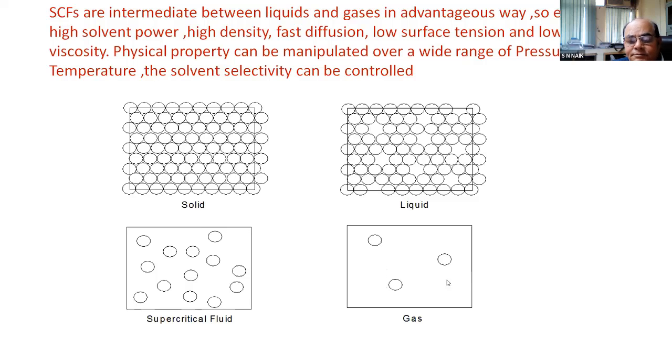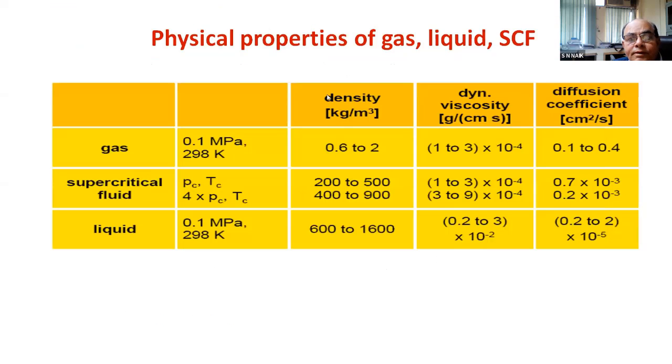So in supercritical, if you increase the pressure, then most of the molecules will come closer. And if you increase the pressure more, then it behaves like a liquid type of product. So basically, for the physical properties of carbon dioxide or any gas, you will find the supercritical fluid lies in between gas and liquid. Because of that, it has a density in between gas and liquid, and viscosity also.